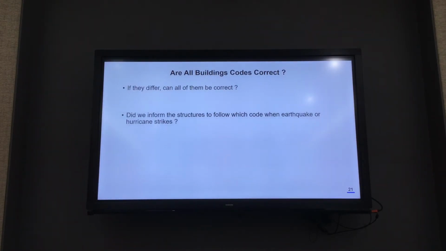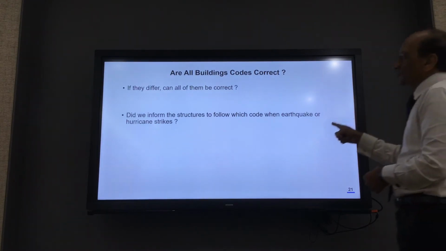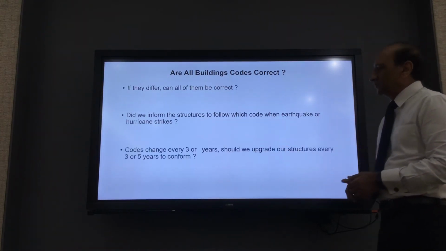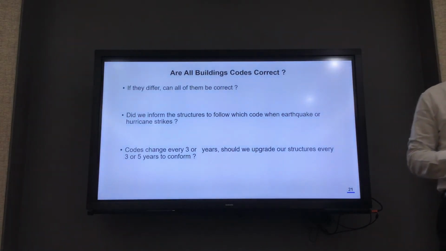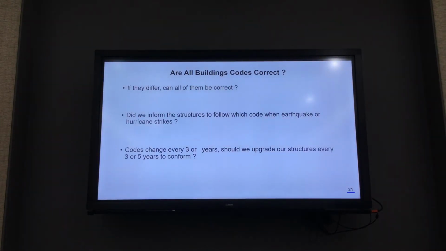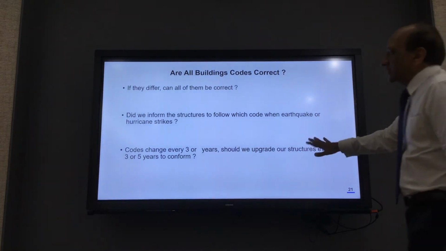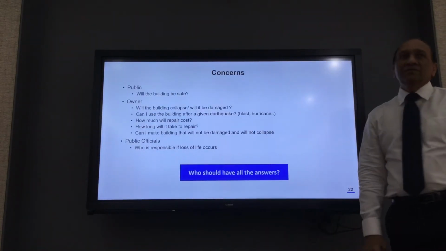It only cares about what we put there. So we should be able to evaluate the structure based on that. Another thing is the codes change every 3 years. So we cannot go back and keep fixing the structures every 3 years because now they don't follow the code. Obviously, that doesn't happen. So because of all these reasons, there are many concerns.